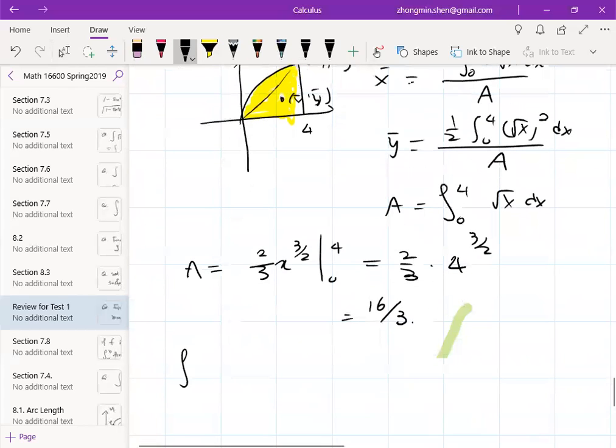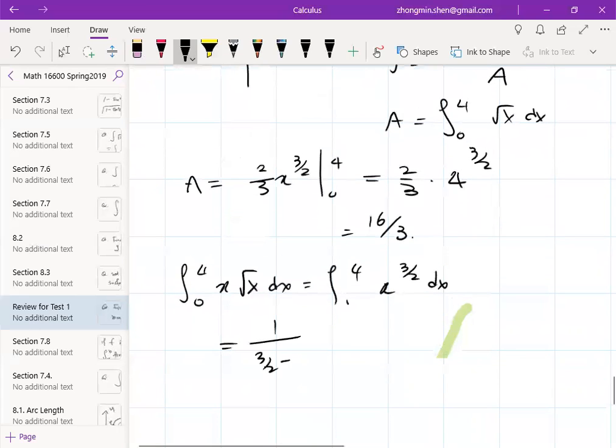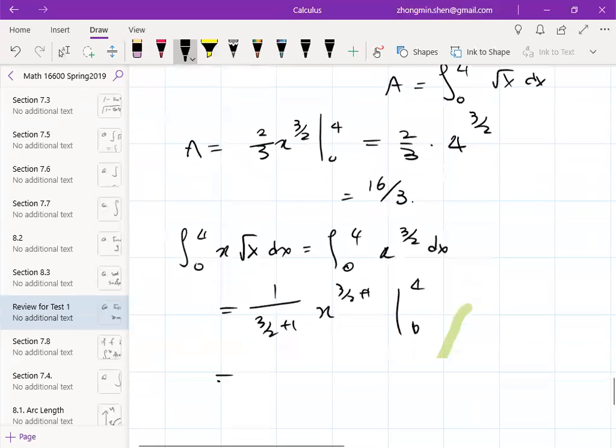Then the integral from 0 to 4 of x times the square root of x dx. The antiderivative is finally 2 over 5 x to the 5 over 2.